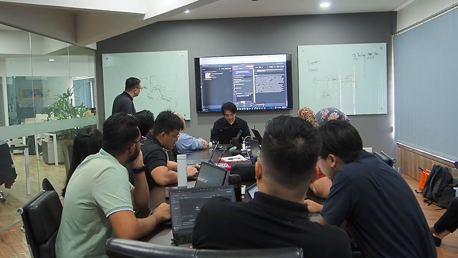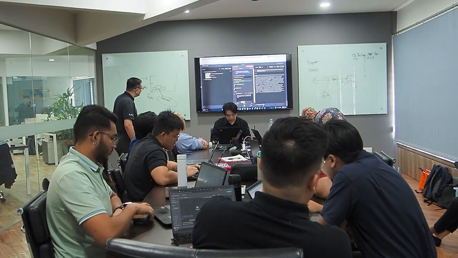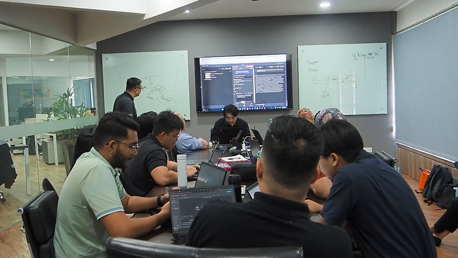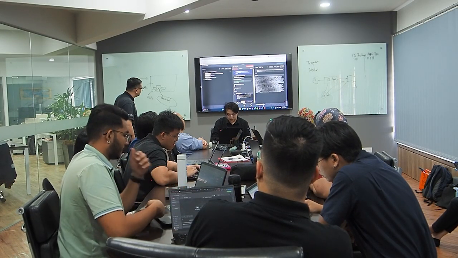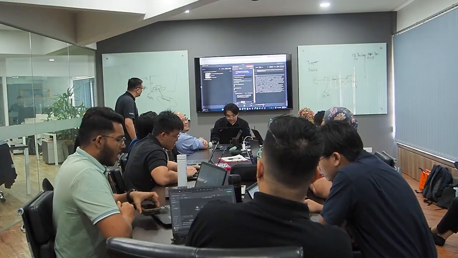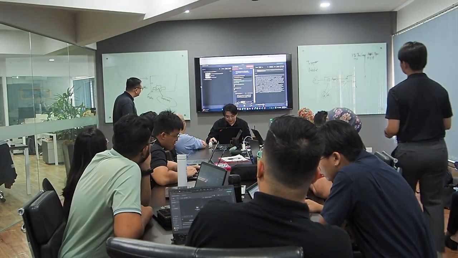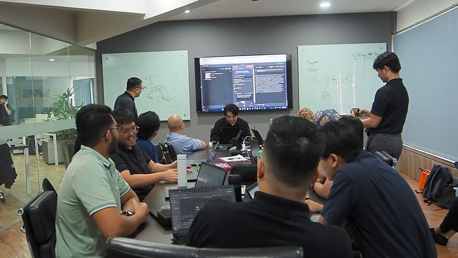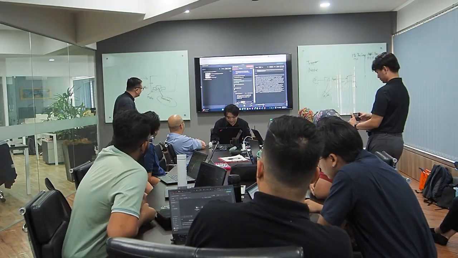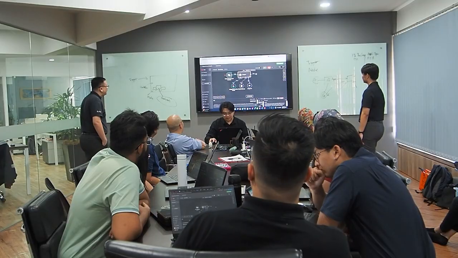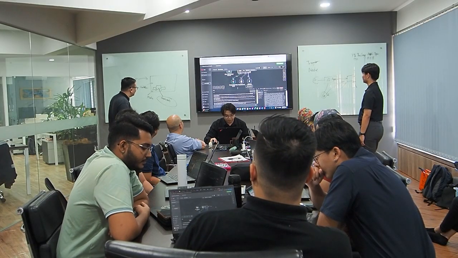You should explain in short and understandable layman sentences, and use Malaysian slang. Okay, so this is how we do it. Now I save it again, and then I go here to prompt.